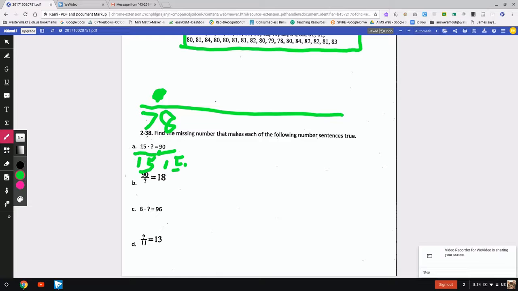So if we divide by doing the opposite, you can figure out how many 18s go into 90. Here, 6 times what? Again, just divide each side by 6. And the same thing over here. 13 times 11 should equal this number right here. And that was a really bad 11.